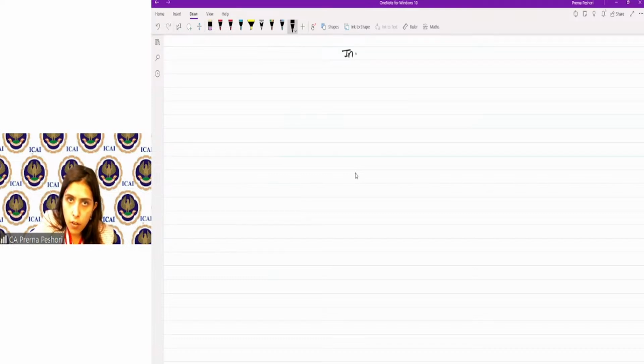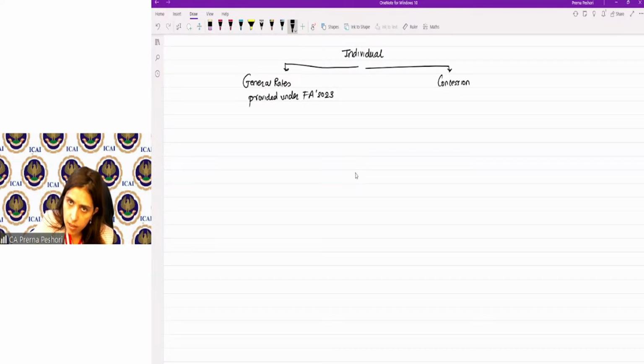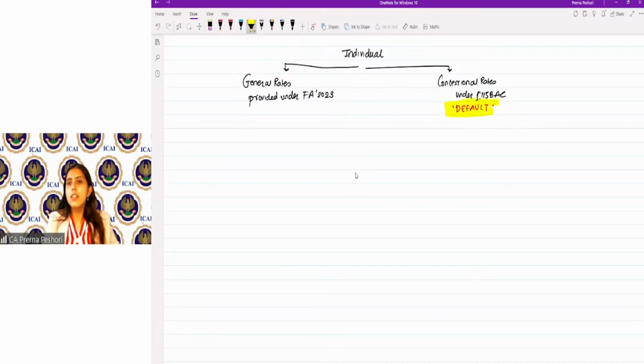So basically, for the individual, you have general rates provided under Finance Act 2023, and you have concessional rates under section 115 BAC. But this is going to be the default. This is going to be the default scheme.